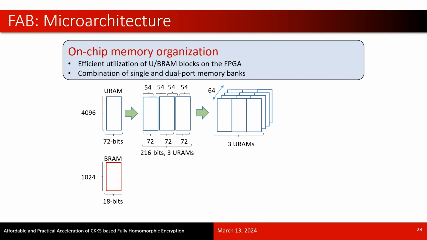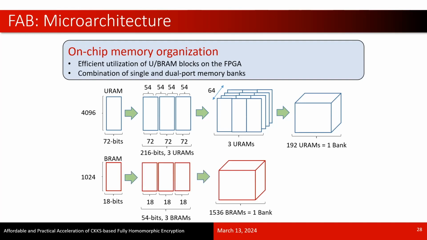This combination is denoted as a single bank that can store 16 ciphertext limbs, and it ends up consuming 192 URAM blocks. We arrange the available URAMs into 3 banks as per the ring elements to obtain C0, C1, and a miscellaneous bank.